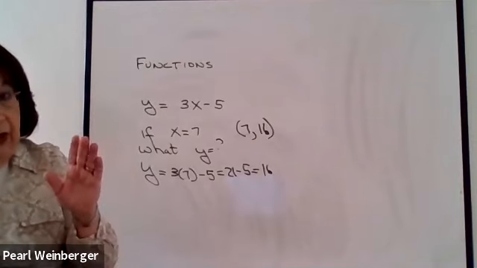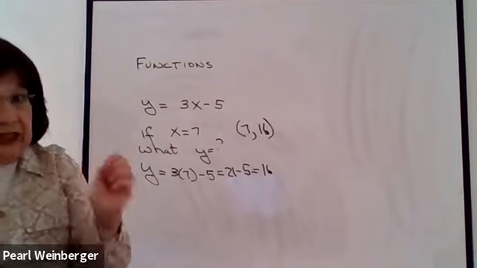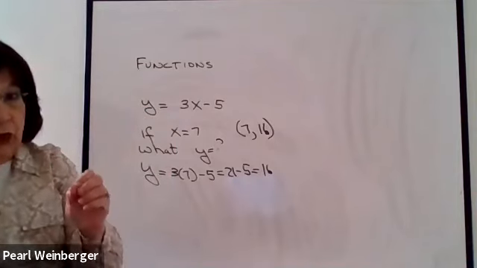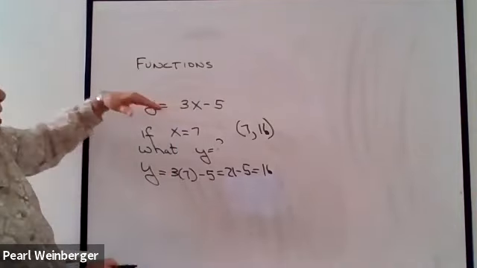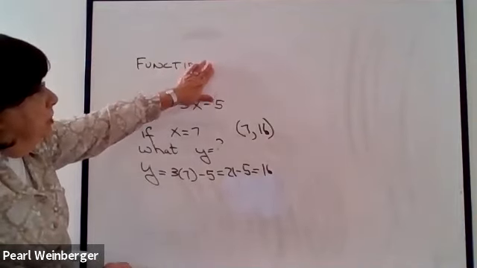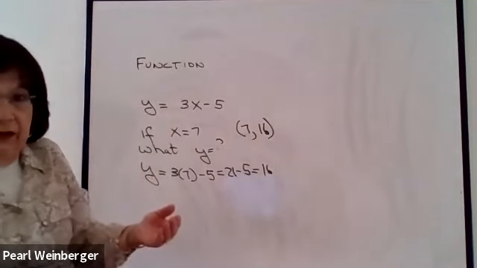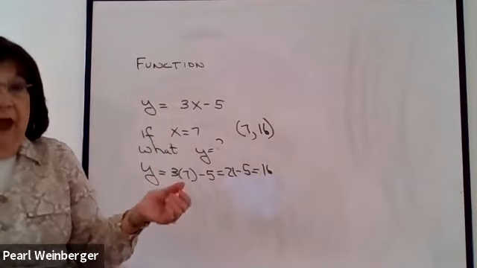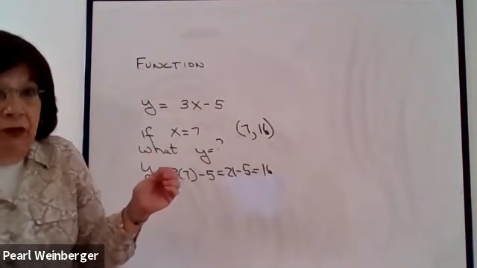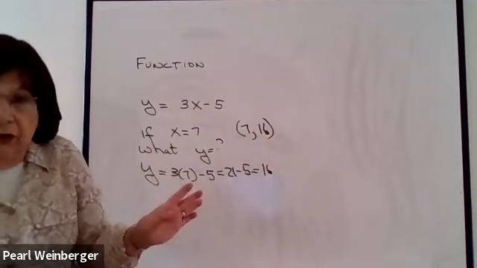I pick any x, the value for y is going to be set. There's only going to be one answer to y. Whenever that happens, we have something that's called a function. A function is a kind of equation with x's and y's that when you put in your value that you pick for x, there's only going to be one answer for y.